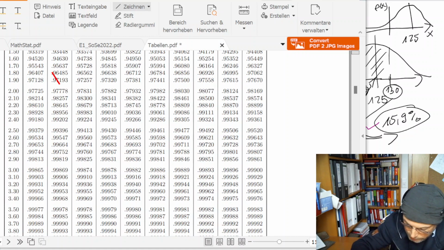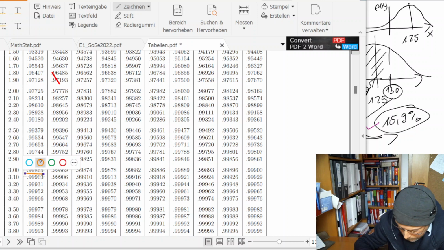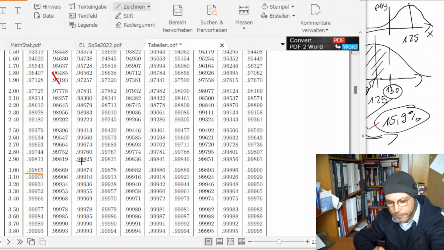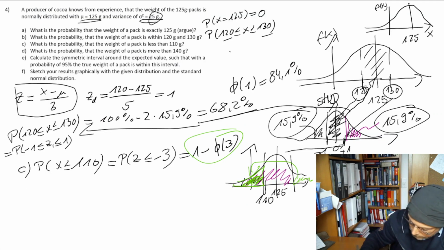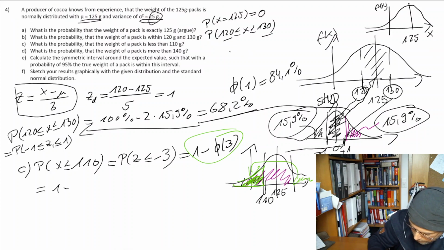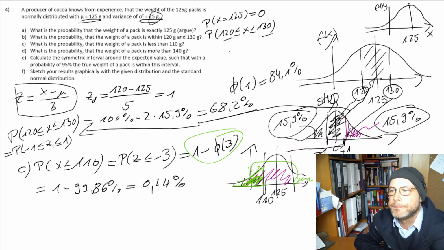It's just here. 99.86%. So we obtain 1 minus 99.86% equals 0.14%. Here we go.